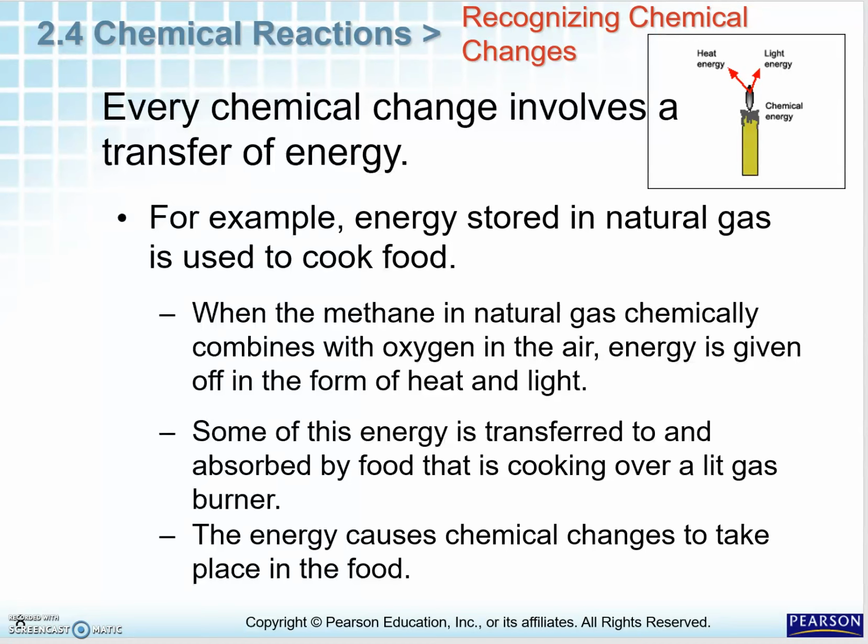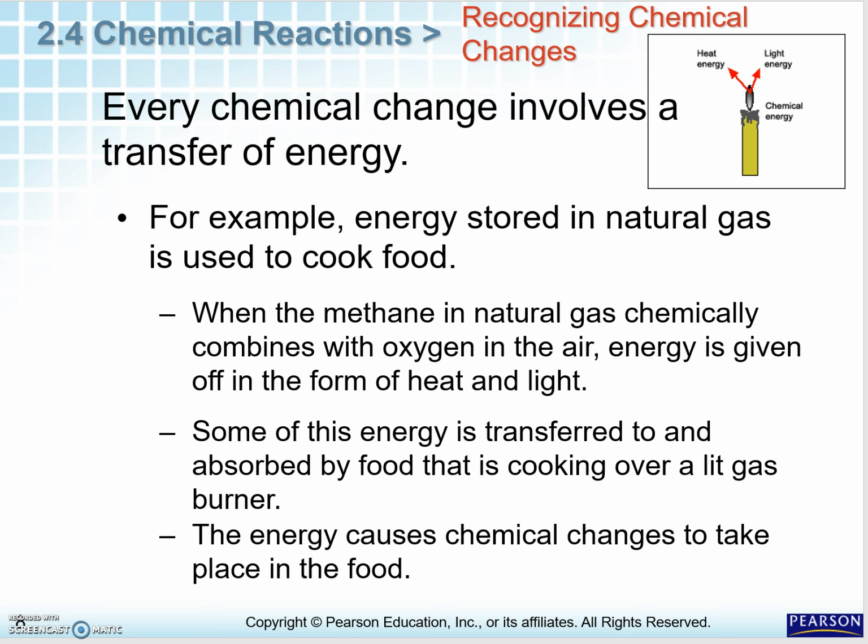If you have a gas stove, there's methane that runs through your house and up to your stove, and it's going to be combined with oxygen in the air as well as a spark. That's the little click that is in your stove whenever you turn it on. From there, energy is definitely given off. You don't want to put your hand on it because that energy is very, very hot.